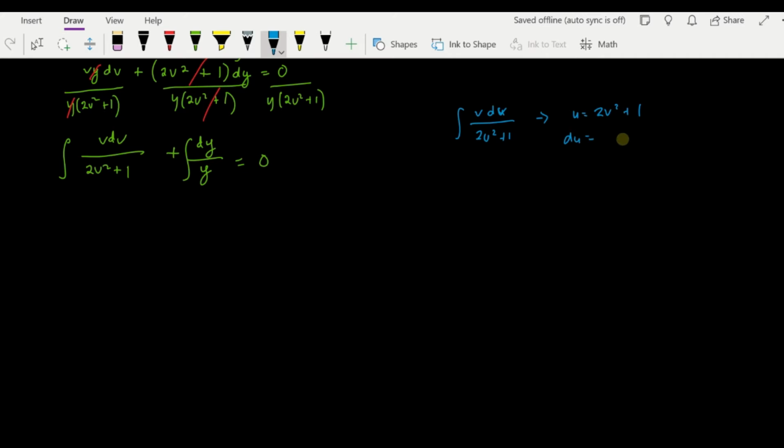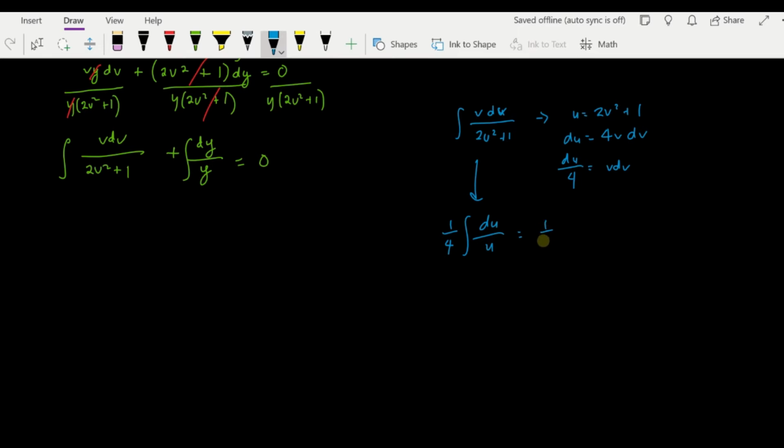Then, du is equal to 2 times 2, 4v dv. Okay, since we have v dv here, magiging du over 4 equals v dv. Kaya pag in-integrate natin ito, magiging integral of v dv is 1/4 du all over u.